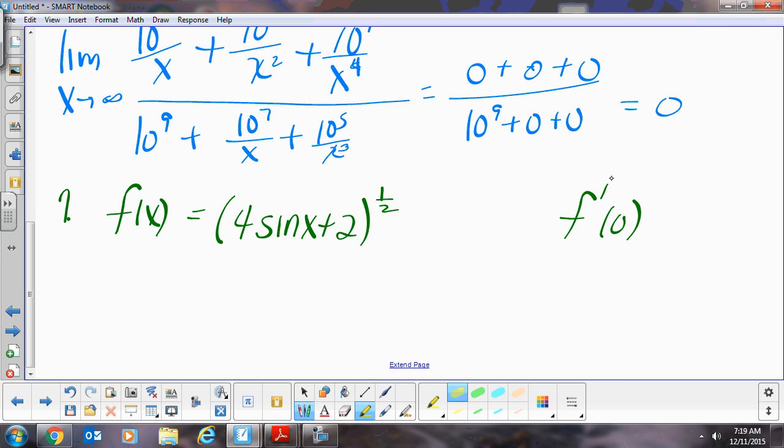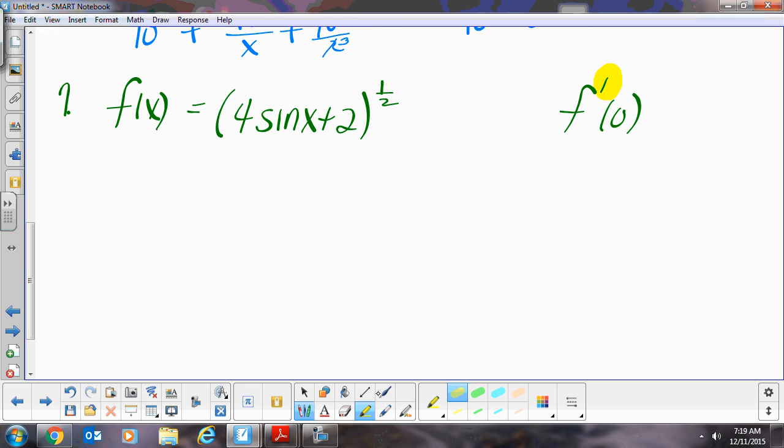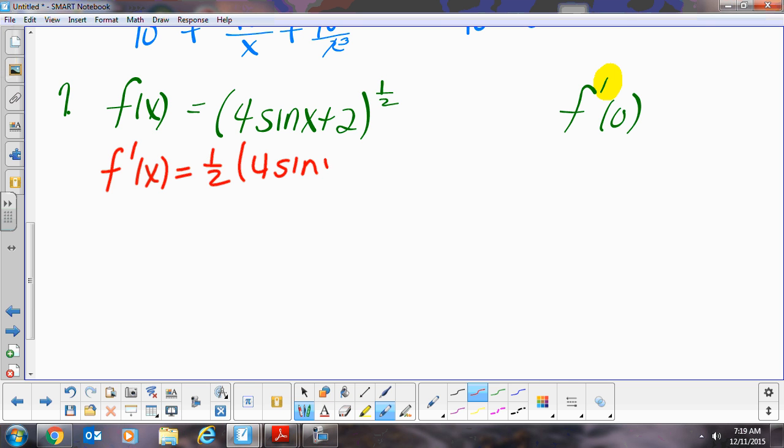What does this tell you have to do first? What kind of rule is this? Chain. How many recognize chain? Good. So did you say 1/2? Did you leave the inside just as it came to you? And did you remember your negative 1/2?